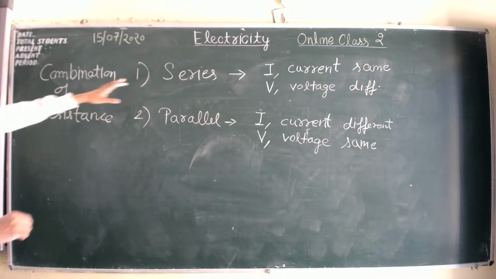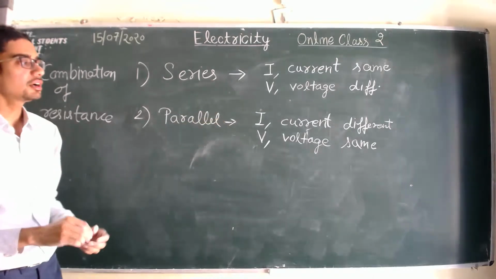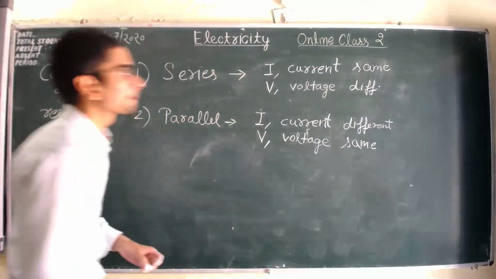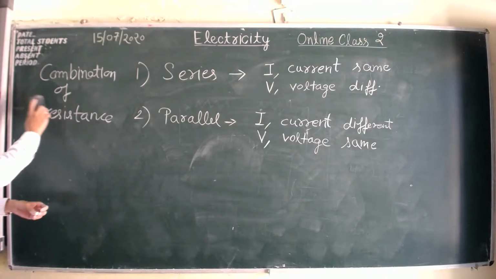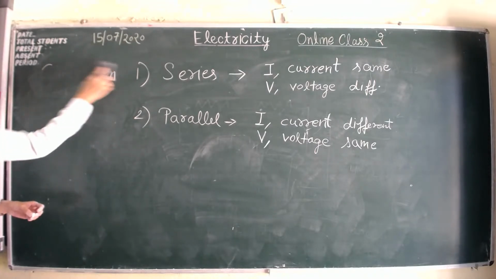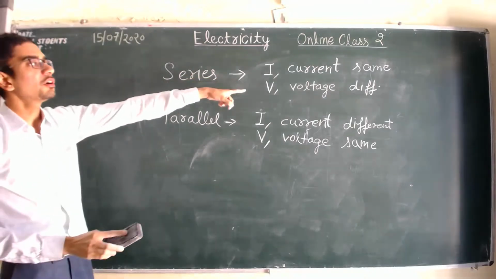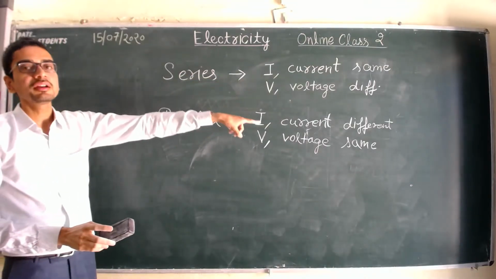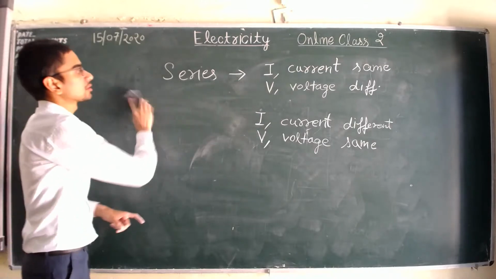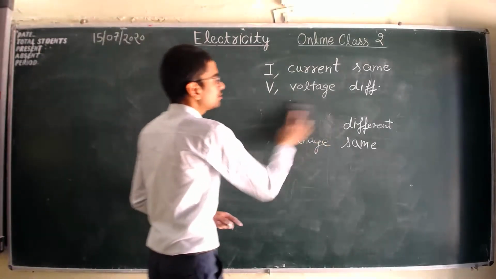Okay, so series and parallel, you have noted it down. I am going to rub this. Series current same, voltage different. Parallel current different, voltage same. You have to remember this always.